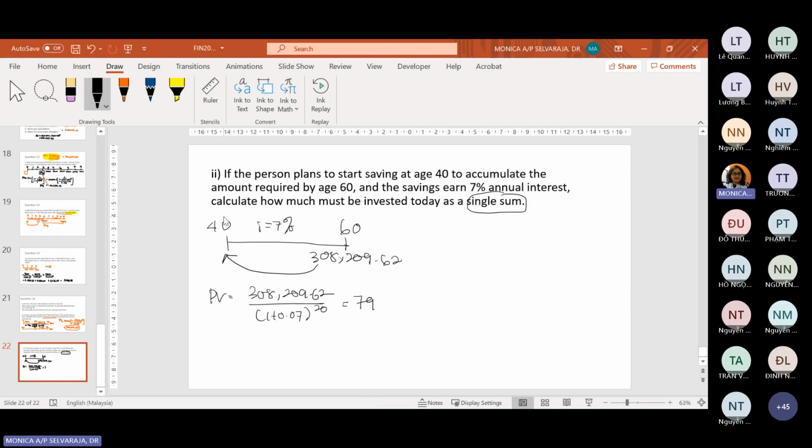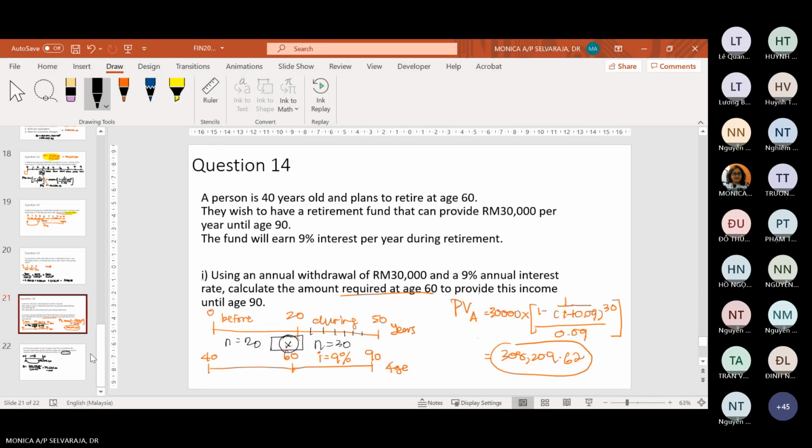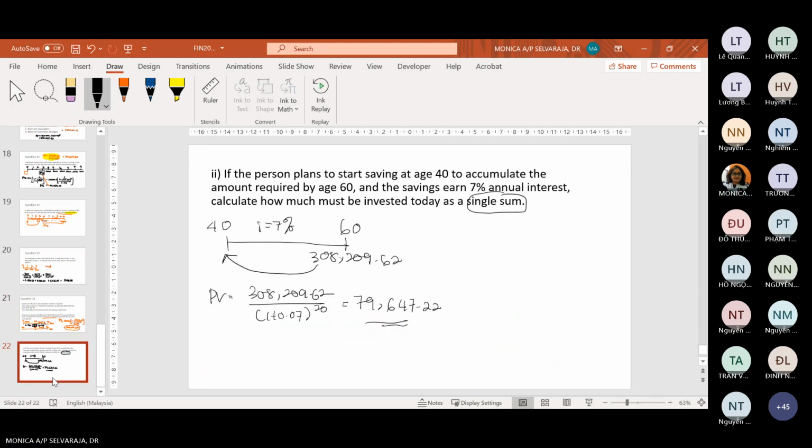So it is 79,647. So when I invest 79,000 today as a single amount at 40 years old, I will receive this amount when I'm 60. Any questions for me?